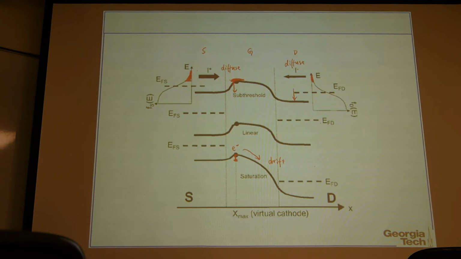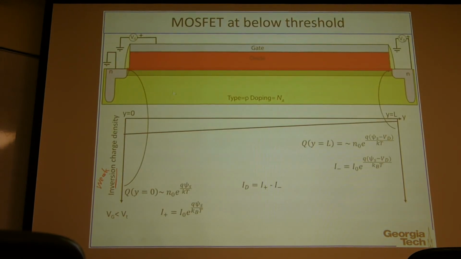But we know this electron density depends exponentially on the barrier height. And this barrier height is modulated by the surface potential, phi s. That means the electron density towards the source side is given by this formula: some n0, let's say some initial electron density, and then exponentially depends on phi s, the surface potential.